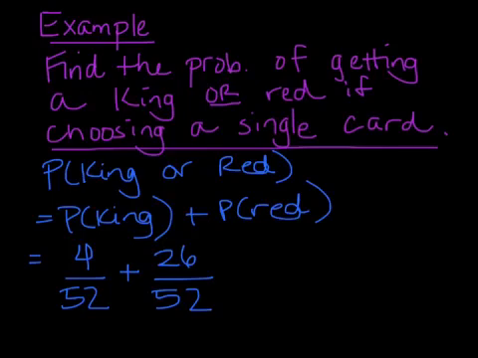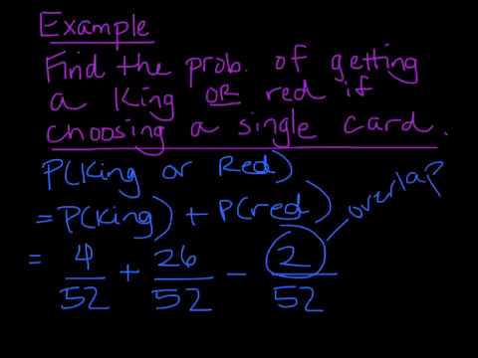But if you look at it, there's 4 kings, 26 reds, but the red kings got counted in each one of these. We counted them too many times, in both the first one and the second one. So at the end I take away what I always call the overlap, that got counted twice.